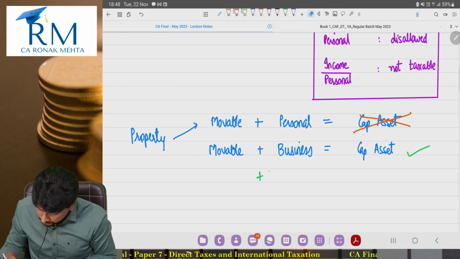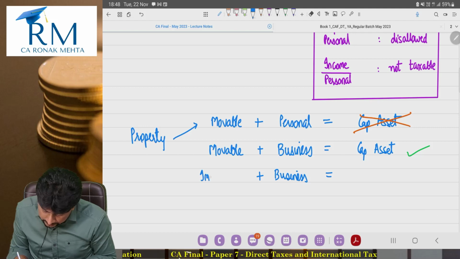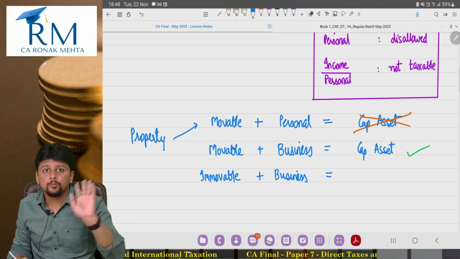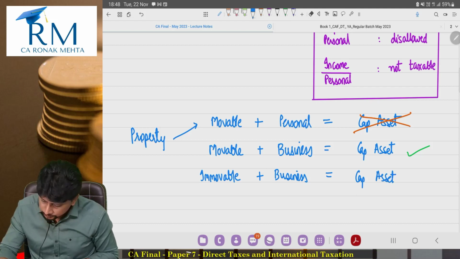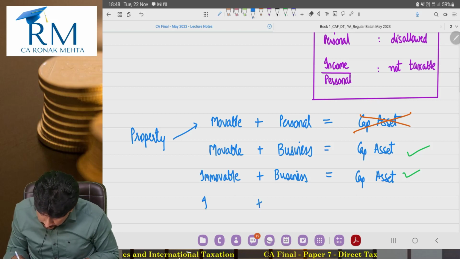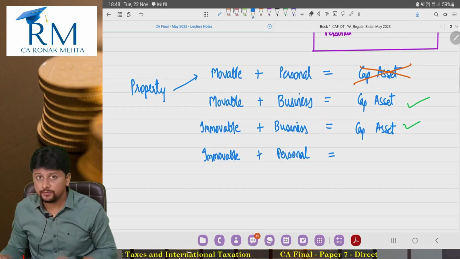Sir, what if something is held for business use but it is immovable in nature? Factory building, office building, held for business purposes, immovable in nature. Obviously, definitely yes, it is a capital asset, no doubts about it. And if something is immovable and held for personal use, sir, is this personal effects?